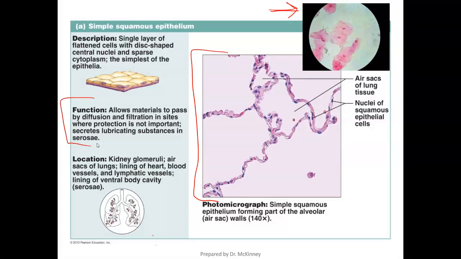And we also see simple squamous in the lymphatic vessels, and also lining various body cavities. It says here lining of the ventral body cavity, which yes, that's true, but also lining of some of the mucous membrane. So like in your oral cavity, the lining is going to be simple squamous epithelium. But again, very thin, allows for diffusion of materials.